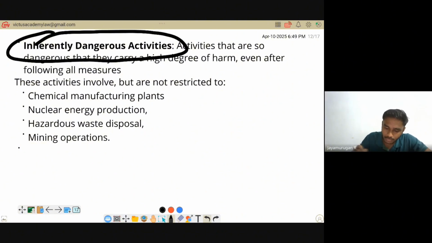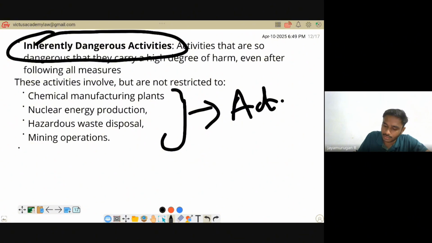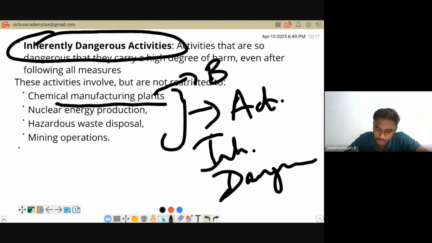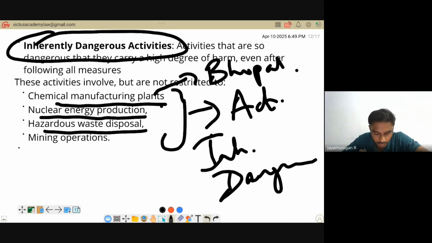Let's see a few examples of activities that are considered inherently dangerous. It includes chemical manufacturing plants, as in the Bhopal gas tragedy. Second, nuclear energy production. Third, hazardous waste disposal.